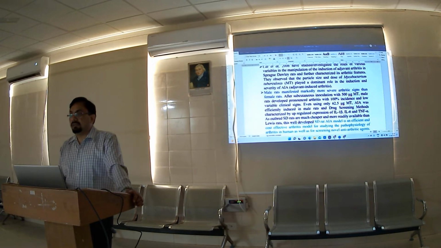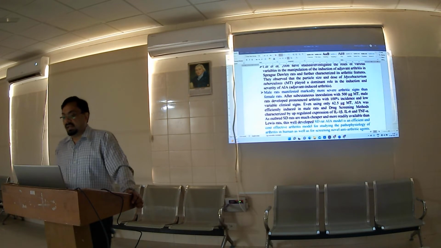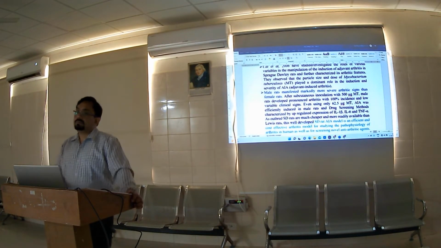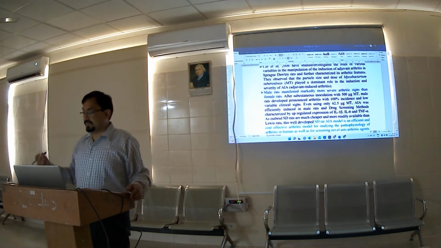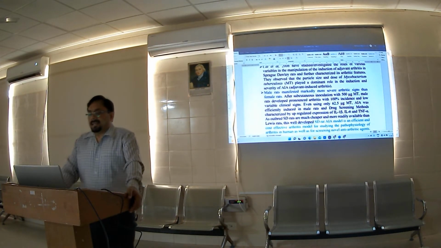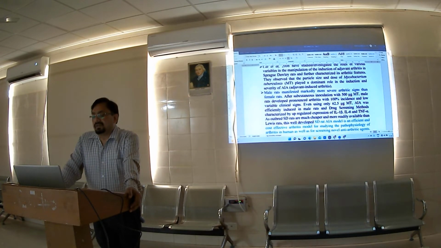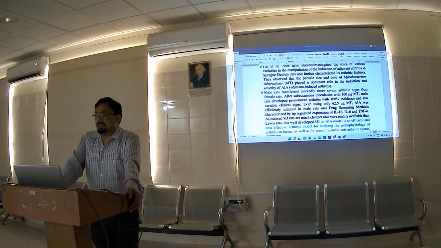and the drug screening method is characterized by up-regulated expression of interleukin 1 beta, interleukin 6 and TNF alpha. So we can also carry out the assay of these agents after sacrificing the animal. Sprague-Dawley rats are much cheaper, more reliable and readily available than Lewis rats.